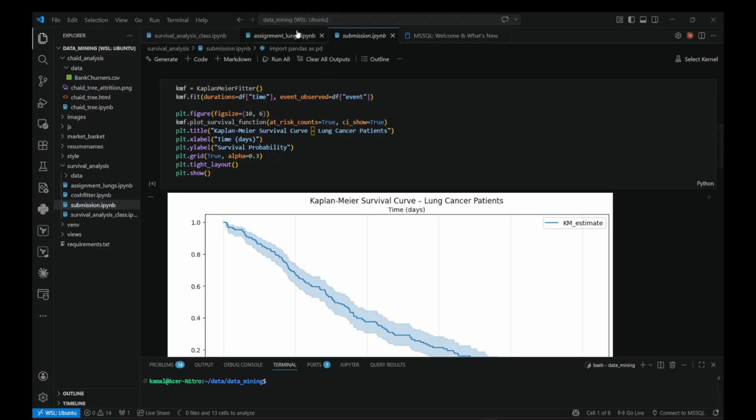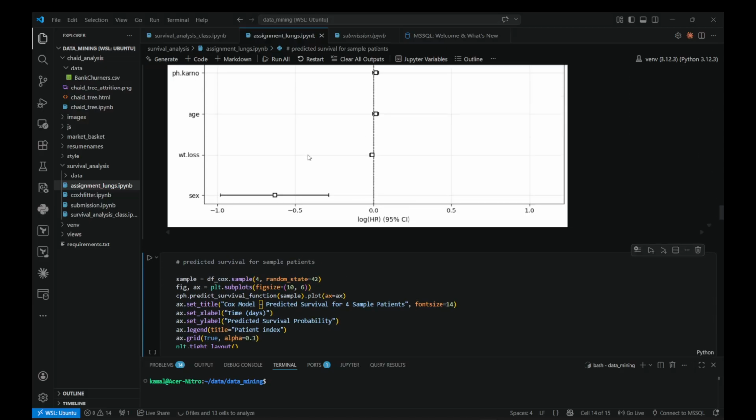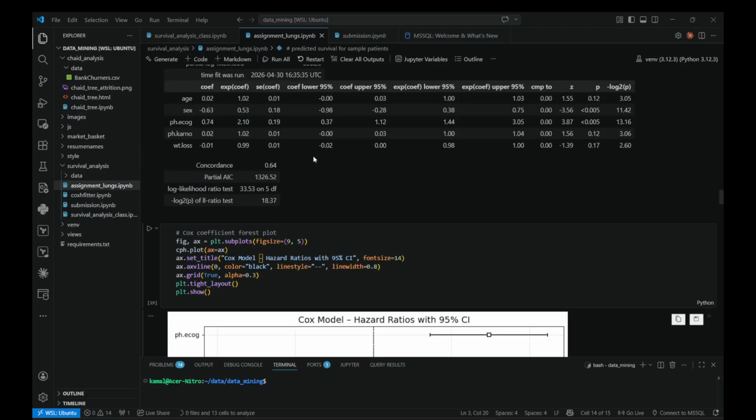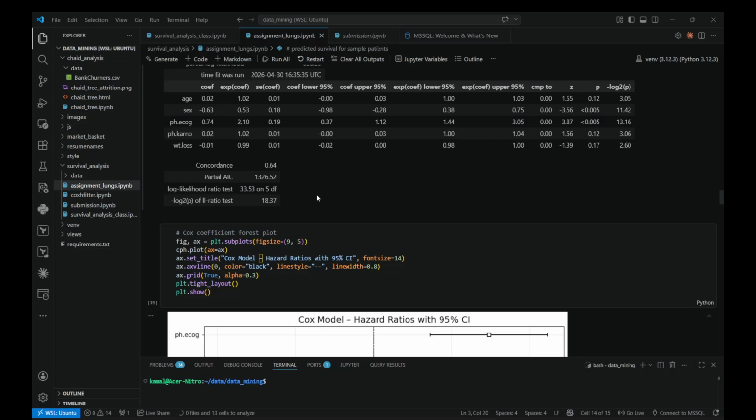And the Cox model is explanatory. It tells us which specific variable drives the risk and by how much, and it can handle multiple variables at once and gives us a much more detailed picture. In short, Kaplan-Meier shows us what happens, and the Cox model helps explain why it happens.